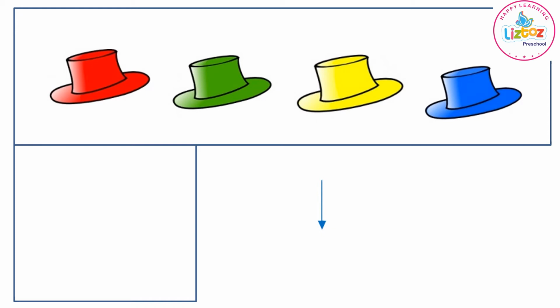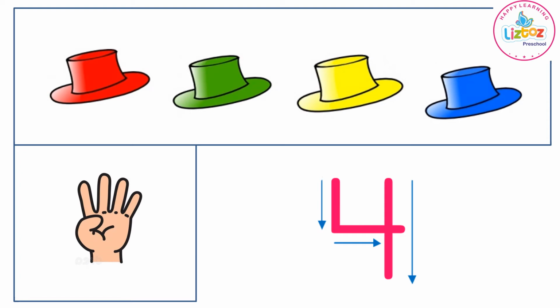Standing line, then sleeping line, then standing line. Okay, number 4. Now how many fingers do we have to leave? See here, count. 1, 2, 3, 4.